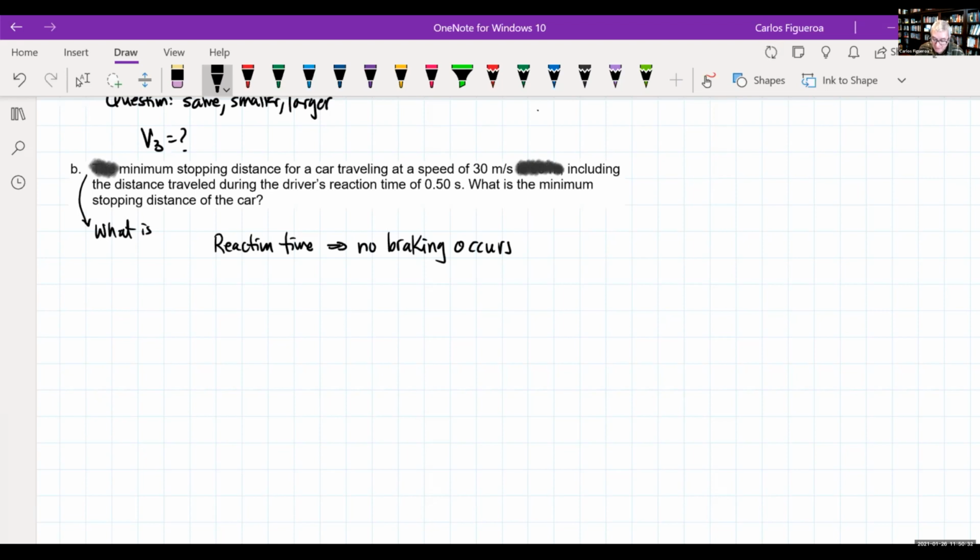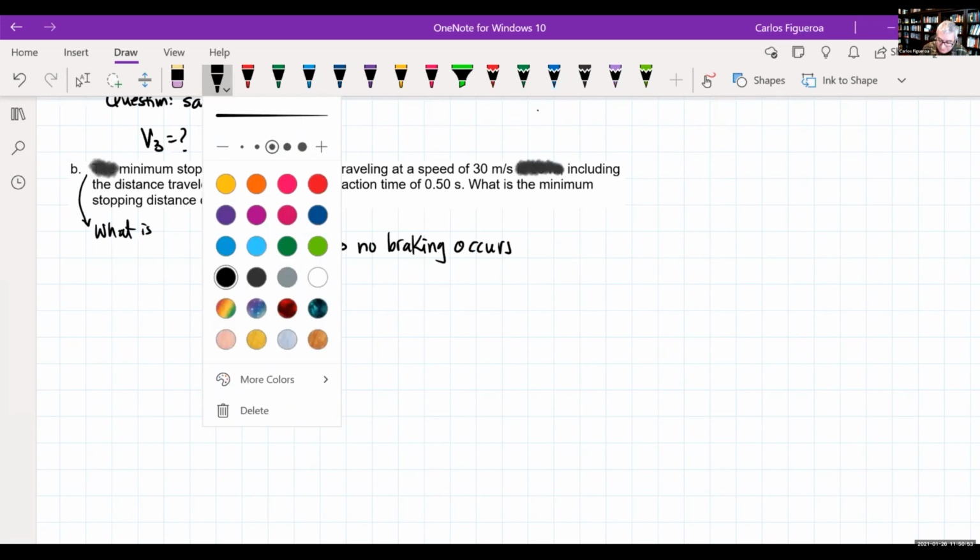So that means if you're traveling at 30 meters a second, at some point you see something and then your foot has to go from the accelerator to the brake pedal.